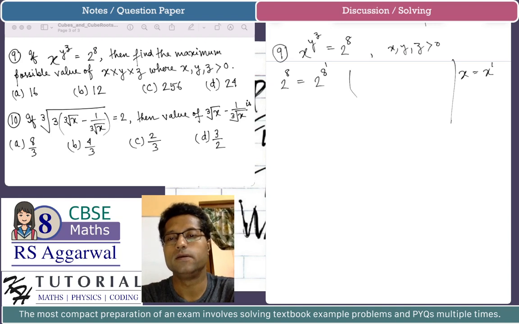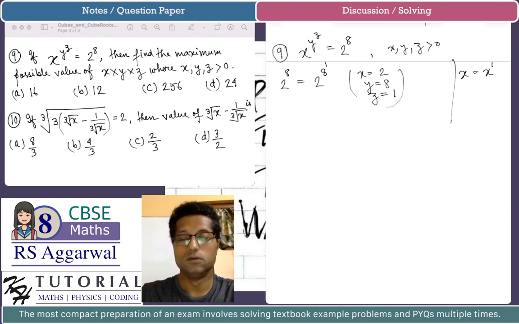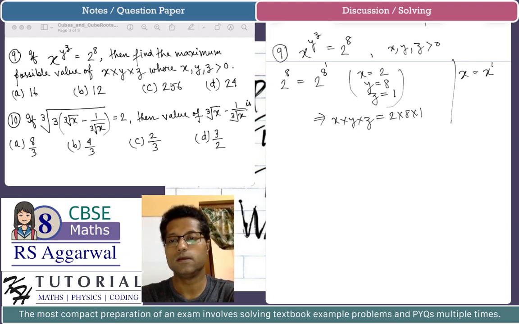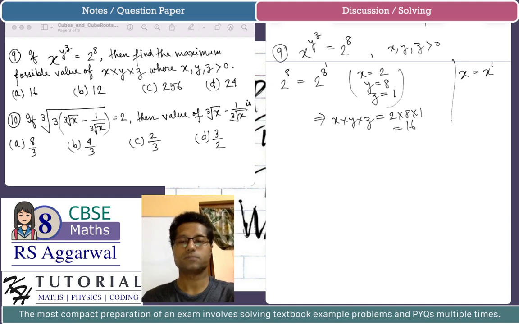So over here we can see x is equal to 2, y is equal to 8, and z is equal to 1. So if we express 2 to the power 8 as 2 to the power 8 only, we can say that xyz is coming out to be 2 into 8 into 1, which is 16.